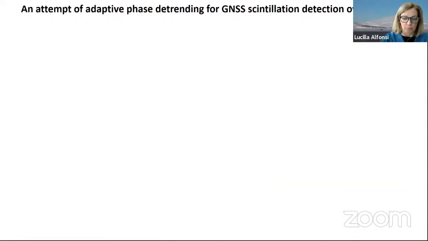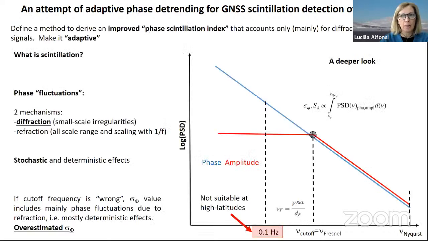So, passing from a climatological study to a case study of our research of the best cutoff frequency to be applied for phase detrending, we have applied another approach to our Antarctic data, because we collected also data in Antarctica. The approach starts from this assumption.